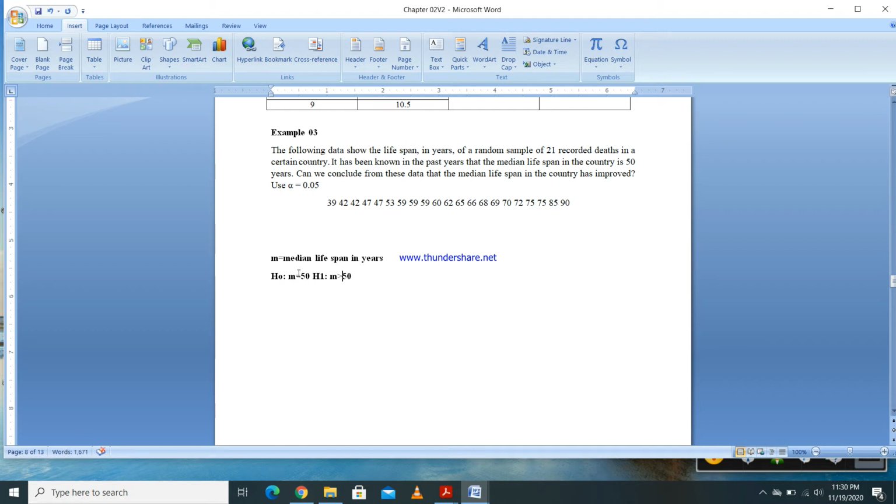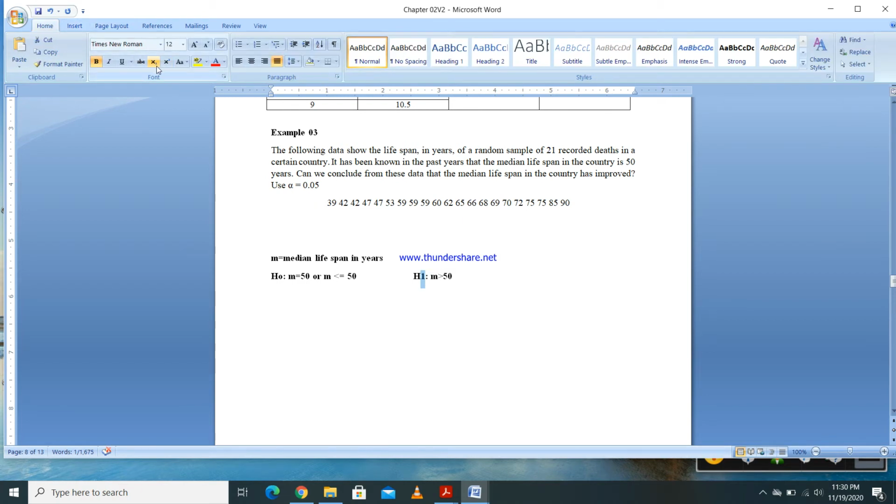In this case, the null hypothesis you can write as M equal to 50, or you can write it as M less than or equal to 50. Both are correct; as you like, you can write it. The claim is the important one, since we have to test whether the lifespan has increased. So you have to write the median lifespan greater than 50 as your alternative hypothesis.